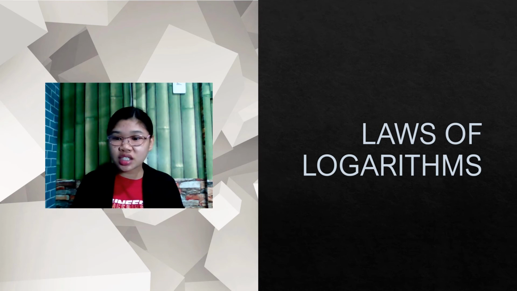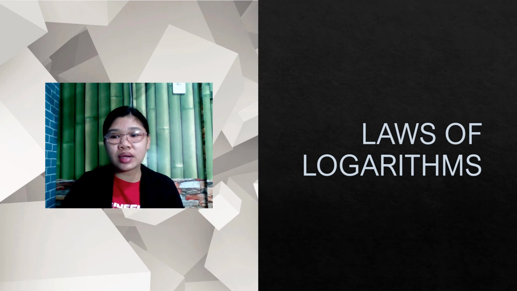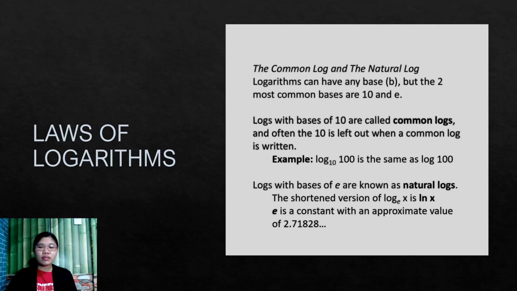The answer is 2. So the logarithm of 25 base 5 is equal to 2. So that is just a simple introduction about logarithms. Now, we have two major terms here about logarithms.